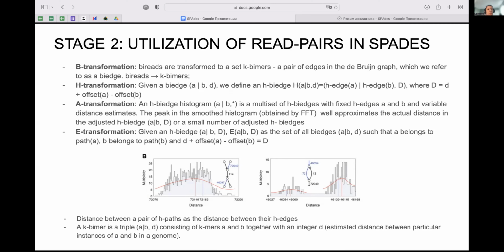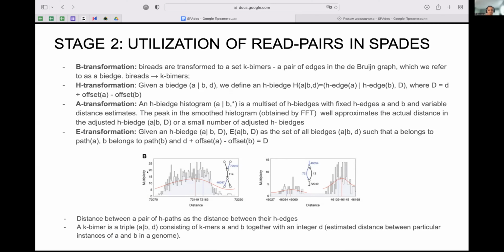And the A transformation does the following. In the H-path histogram, a multiset of H paths, we fix H edges A and B with their variable distance estimates. The peaks in the smooth histogram obtained by fast Fourier transform will approximate the actual distance in the adjusted H path (A, B, D), or a small number of adjusted H paths.